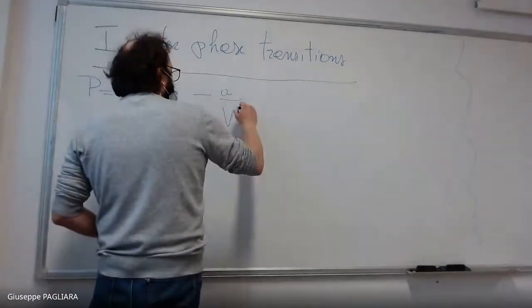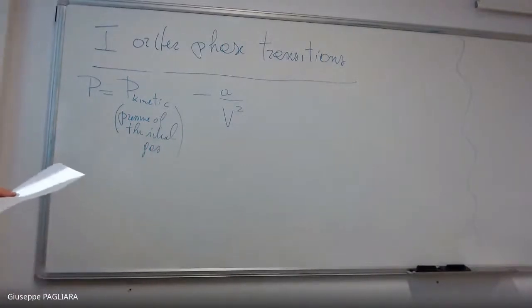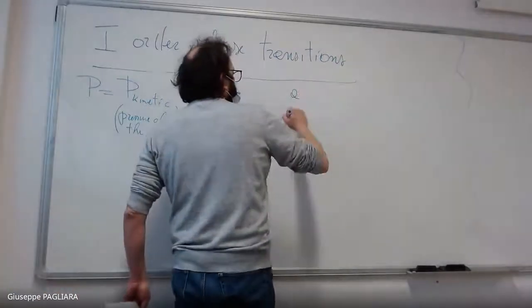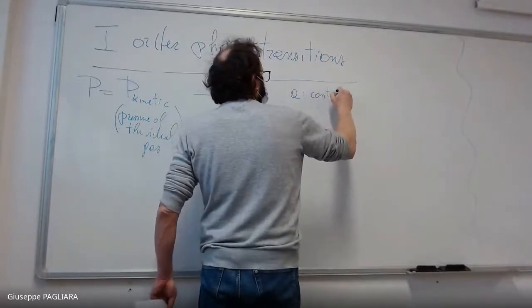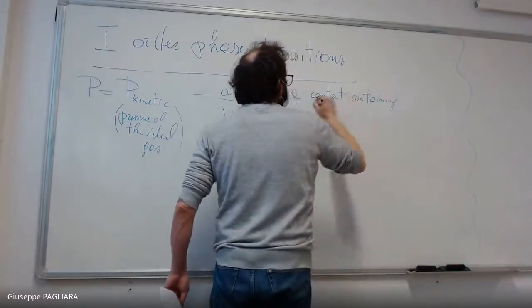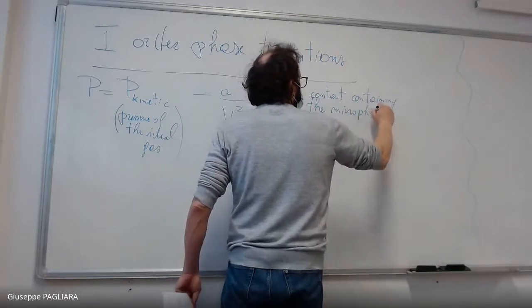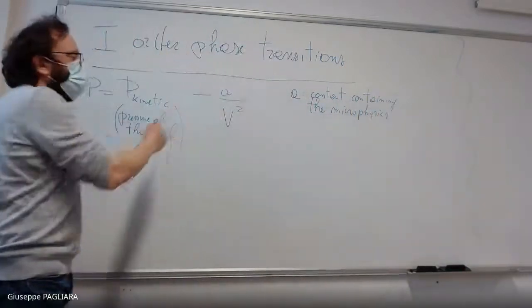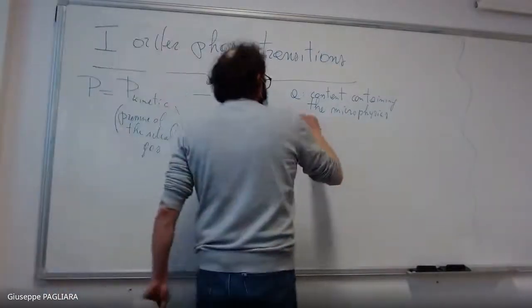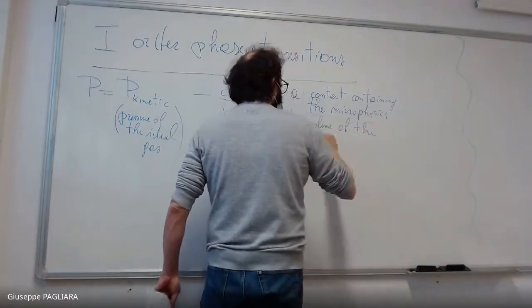And here there is a correction, which is 1 over V squared, where V is the volume occupied by the gas. Okay. So again, A is a constant containing the microphysics, and B is the volume of the box.